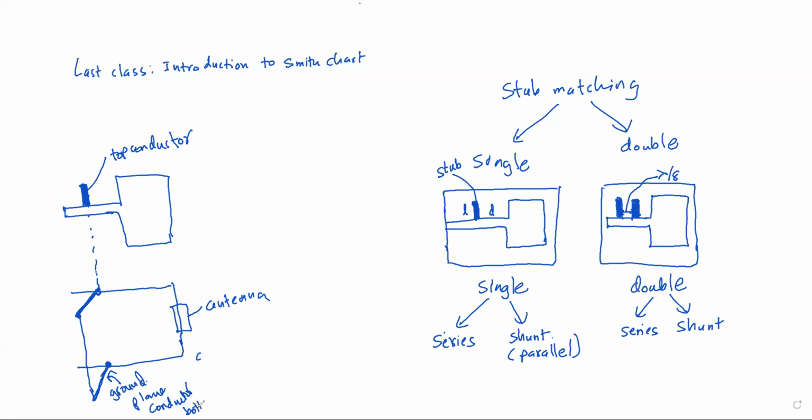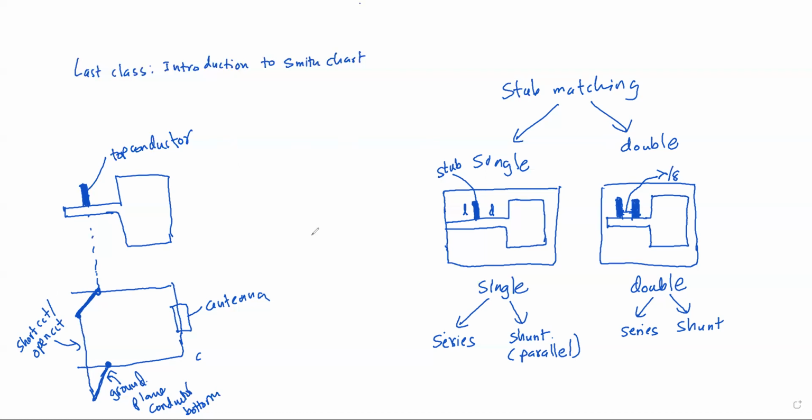In between, we can connect using some kind of metal, maybe a coaxial connection, or some kind of metal conductor, or else we can leave it open circuit. This could be short circuit or open circuit, depending on our requirement.